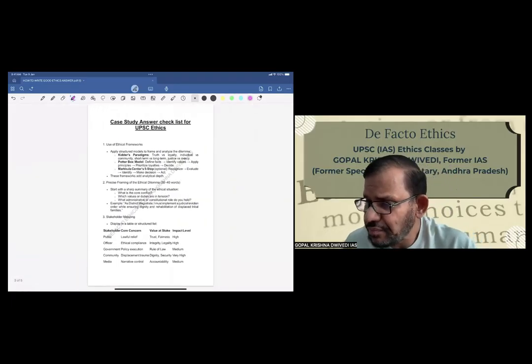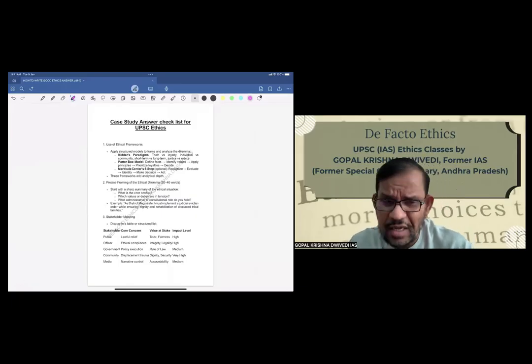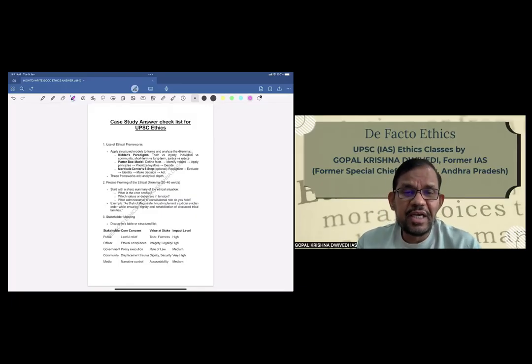Next is case studies, because so far I have talked about the theoretical questions. Now for case studies, let me explain briefly how to write, or what should be the components of a good answer as far as a case study is concerned, to the extent possible. Once again, I'm telling you, all these qualities or criteria may not be applicable to any one answer.